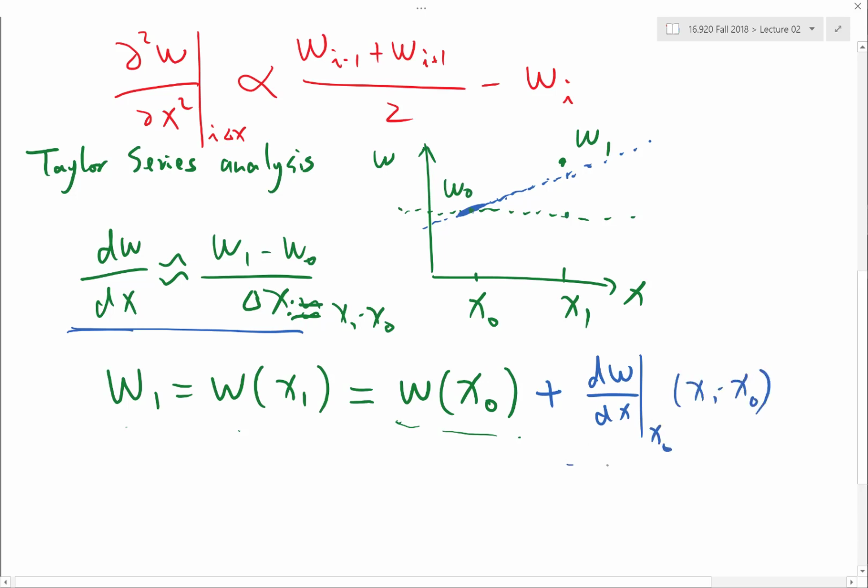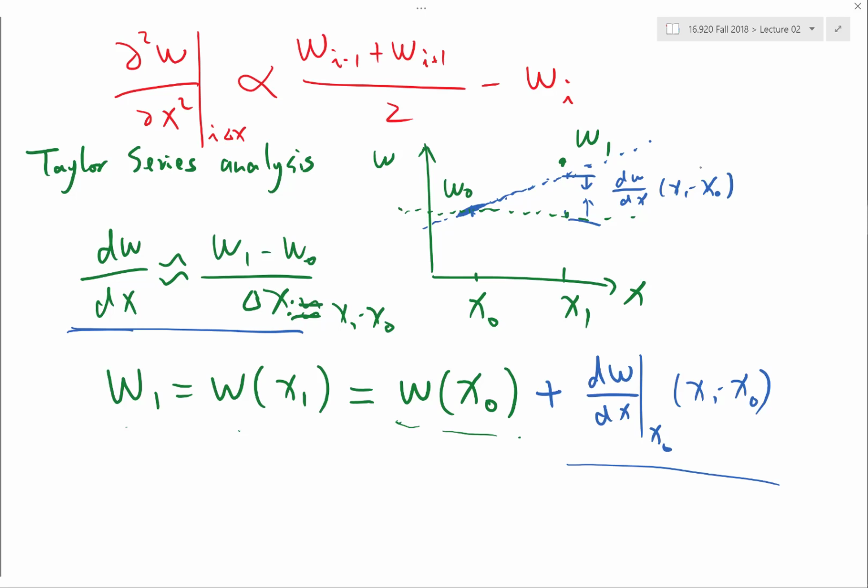So this is basically the slope times the distance. The second term is this: dw/dx times (x1 minus x0). So basically, I added a term on top of the zeroth order approximation to get my first order approximation.